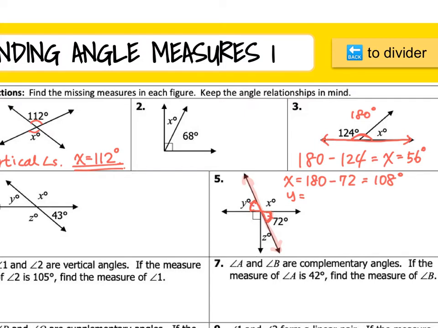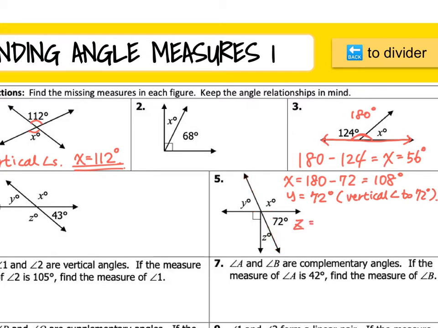Those angles are congruent. So we can just tell that it is 72 degrees because it's the vertical angle to 72 degrees, right?